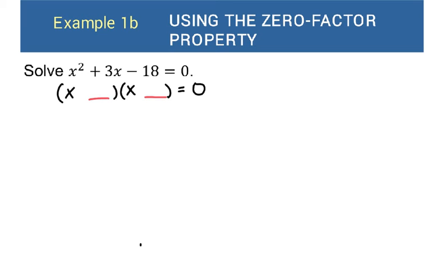And then what goes here is going to come from this right here and our middle term, the 3x. What we have to do is find two factors of negative 18 that add up to 3, our middle term. And what I see is 6 and 3.